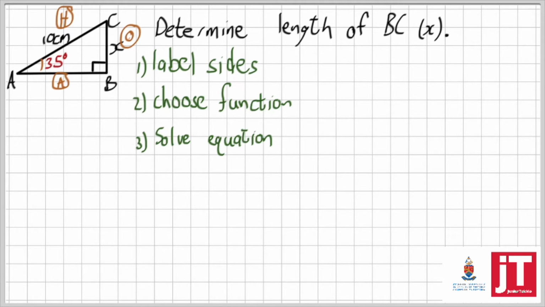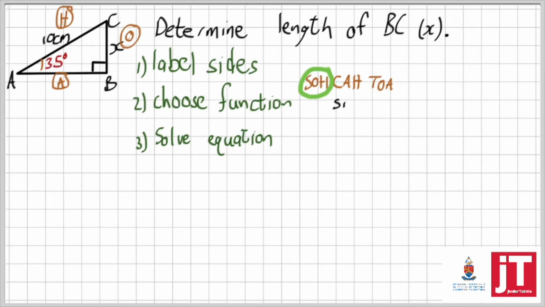Now, when looking at this, I'm working with O, the opposite, and H, the hypotenuse. So, comparing this to SOHCAHTOA, I am going to have a look at sin, because it works with opposite and hypotenuse. I don't care about the adjacent, so I'm not going to worry about cos or tan.